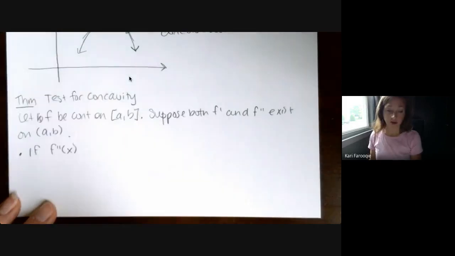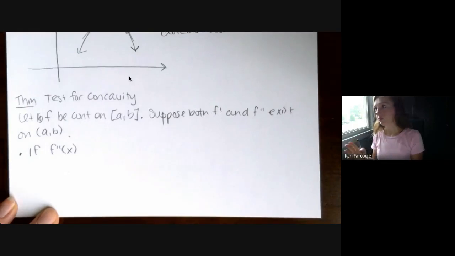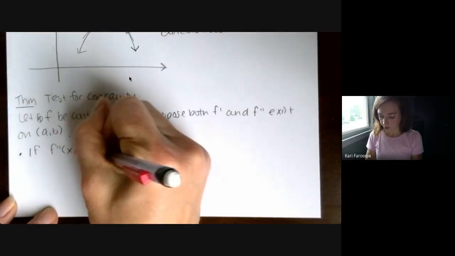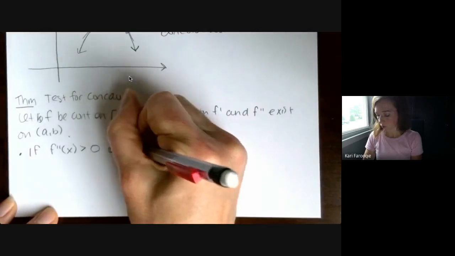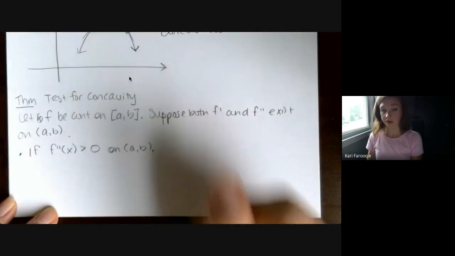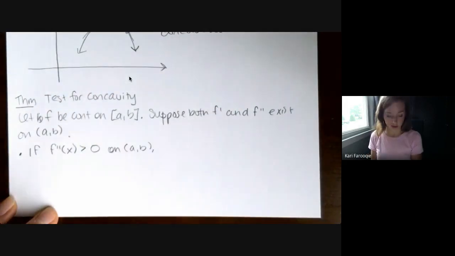All right, so your test for concavity is going to use the second derivative. Your test for increasing and decreasing used the first derivative. For concavity, we're using the second. If f double prime of x is positive on the open interval from a to b, then f is concave up on the interval.